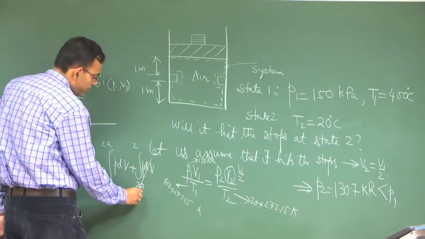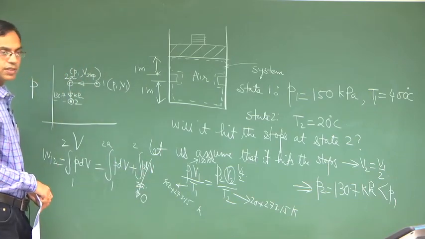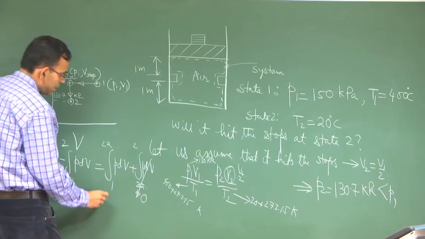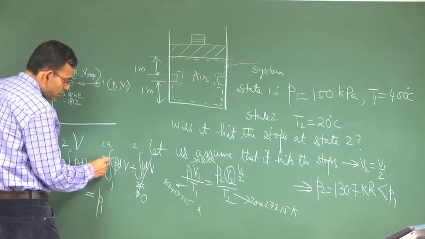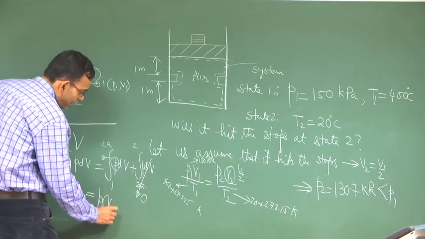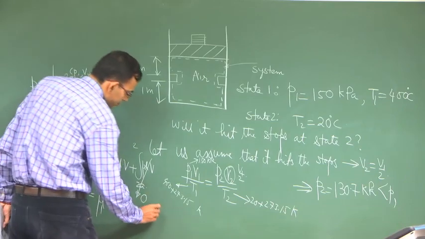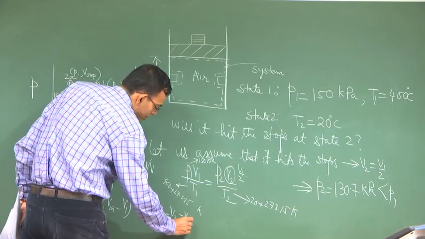This part is 0 because it is a constant volume process. During this part the pressure is constant at P1. So it is P1 into V2A minus V1, and what is V2A? This is the same as V2, which is V1 by 2.